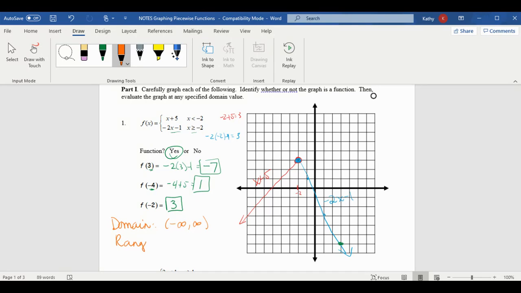Our range, bottom to top: our lowest values are at negative infinity, and we stop when we get to 3 at the top. So the range has a maximum value of 3. Okay, so there's your domain and your range for piecewise functions.